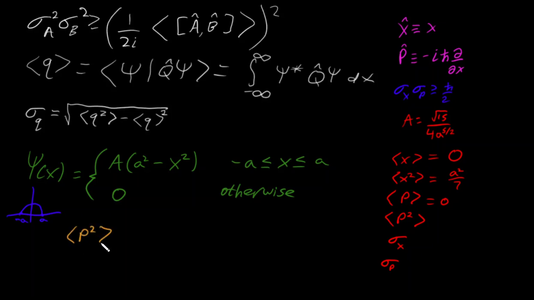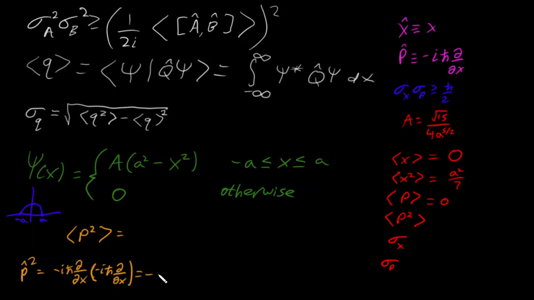The expectation value of p squared will be, well, p hat squared, right, is minus i h bar d by dx acting on minus i h bar d by dx. If you remember, the derivative of the derivative is the second derivative. Negative i h bar times negative i h bar. Negative i times negative i is negative 1.